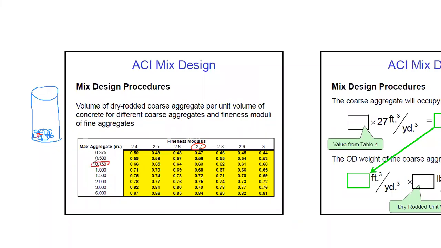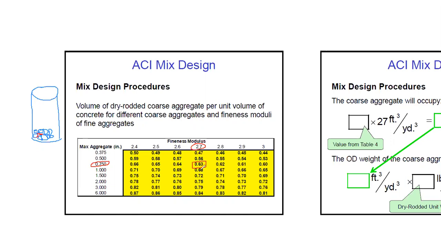Let's suppose this is the one. So what would be the ratio over here? The ratio would be 0.63. It means that 63% of the total concrete's volume would be filled by this coarse aggregate. You getting the idea? 63% of the whole of this volume would be filled in by the coarse aggregate.